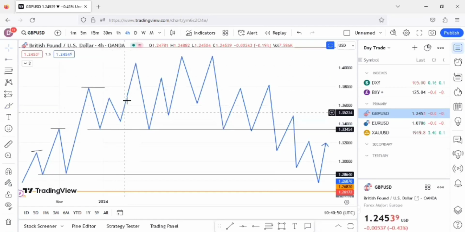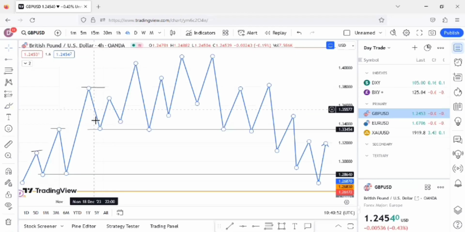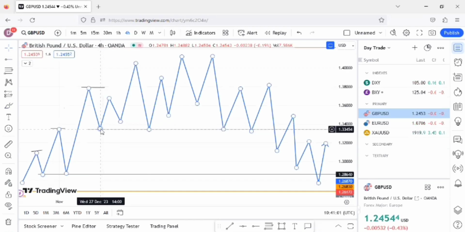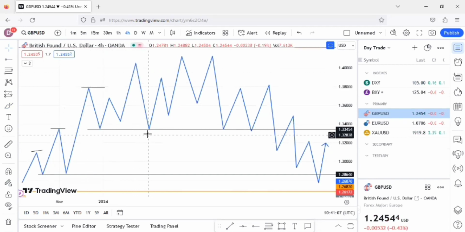So when you have the real move, where is the starting point of that move? That is what I consider a demand level. So where we have the starting point of that move, that is where we have another demand level. That is how you identify a demand level in the market.